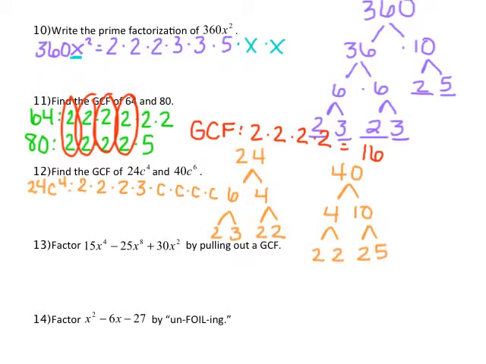For 40c to the 6th, it looks like I have 2, 2, 2, and 5, and then it would be 6 C's after that. Oh, it's not letting me erase my GCF. Hold on. It won't let me get rid of that factor tree, so unfortunately I'm just going to have to write over top of it. This would be 6 C's.